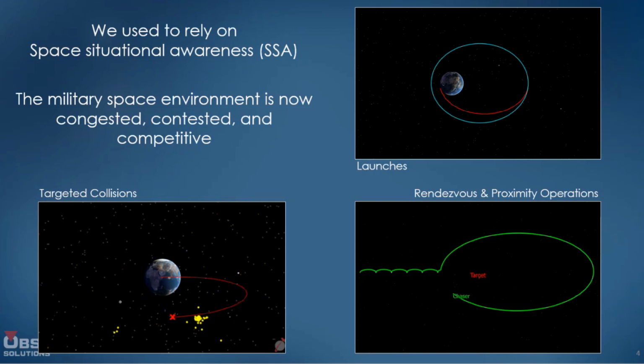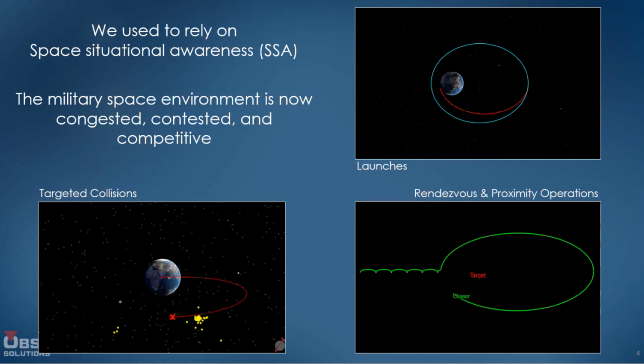For things like rendezvous and proximity operations, you have a chaser spacecraft coming into proximity of your high-value asset. What is it doing there? Is it just going to park nearby and be benign, or is it going to have some other hostile intentions? For example, it could be eavesdropping, or here I'm showing a circumnavigation. Is it going to begin circling around my high value asset for intelligence or eavesdropping purposes?